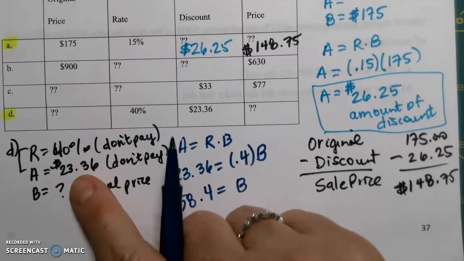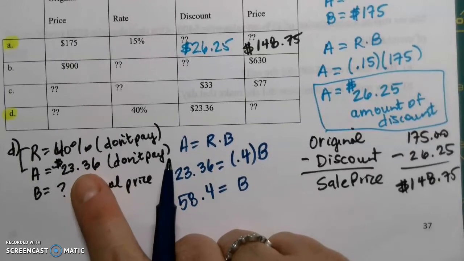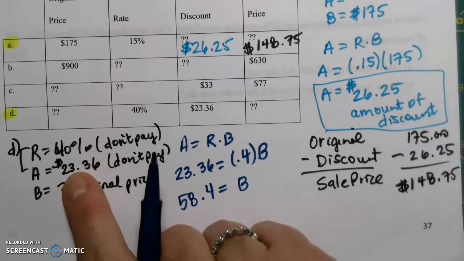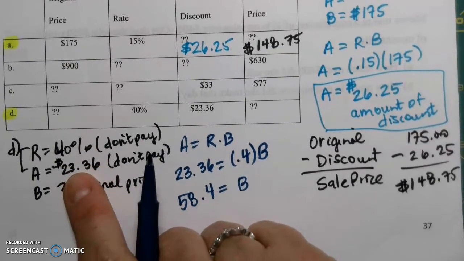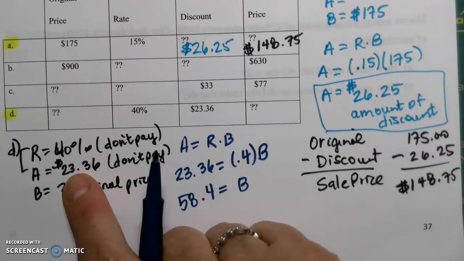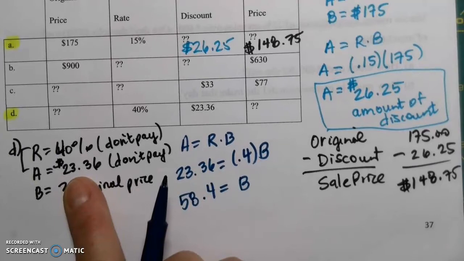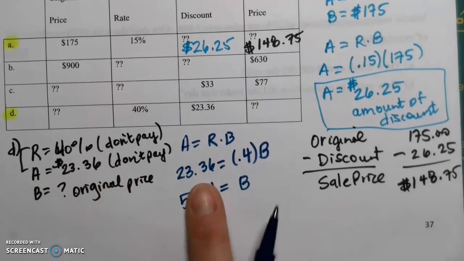So our original price should be a little bit more than twice this, right? Because if I doubled this amount, I'd get about 80% of it. So this is what, 23, so that's going to be what, 46. So this is a little bit bigger than double our discount amount. So this does make sense.